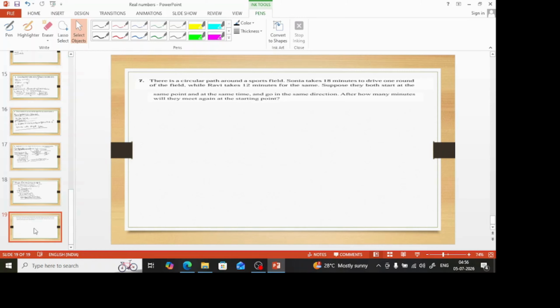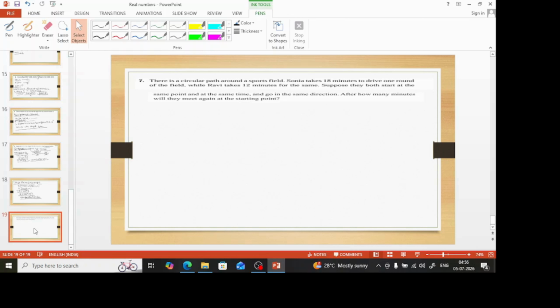For this question, there can be many different ways to solve it, but the way which I am going to tell you is very unique. Let's see. In this chapter we have calculated only LCM and HCF.